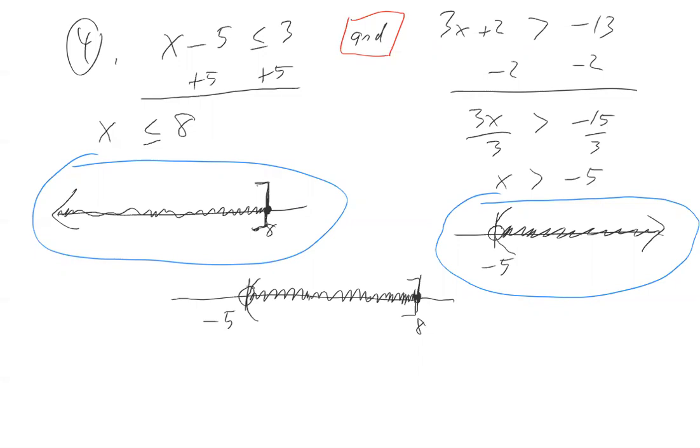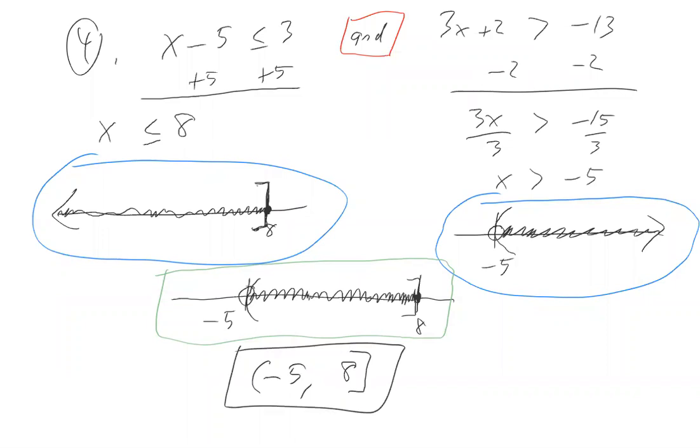So this graph is the graph of the solution to both of them together at once, the part that's in common. So that's the solution to one inequality and the other inequality at the same time. And so the solution in interval notation would be simply a parenthesis and then -5, 8, and with a bracket like that. So there we go.